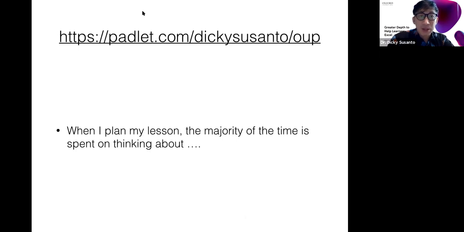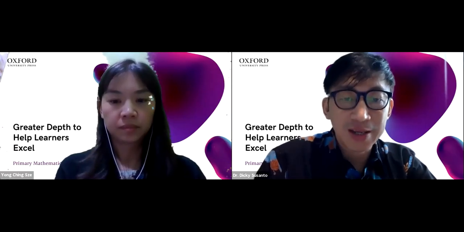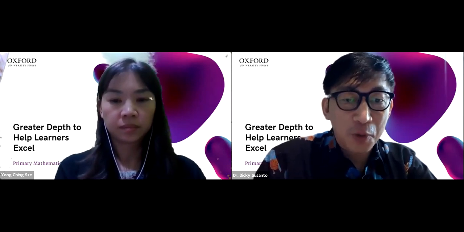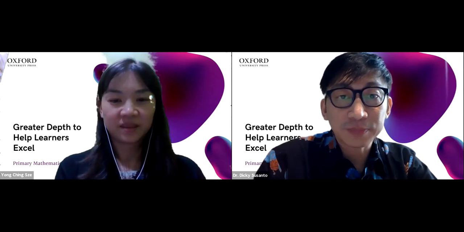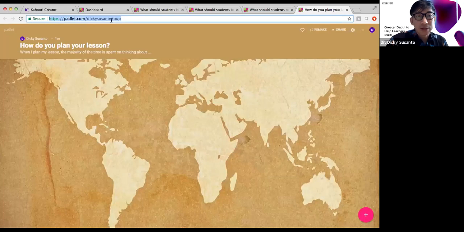Okay, let me move to the other screen. This is the challenge, moving back and forth with technology. If you didn't catch it, it's Padlet.com/Dicky Susanto/OUP.